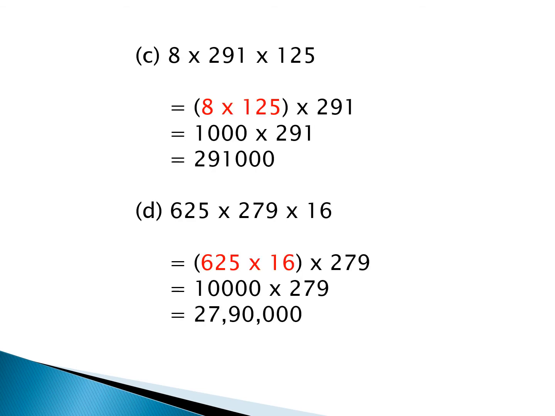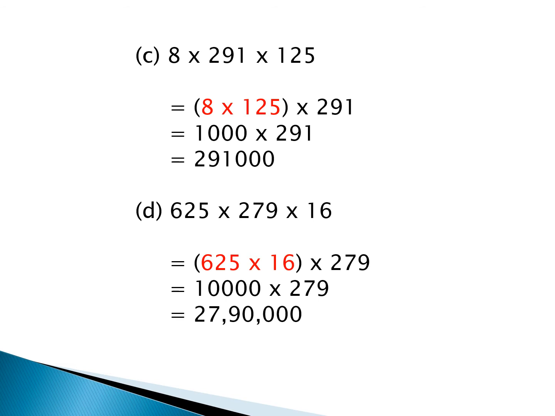Dear students, now your C part is 8 multiply 291 multiply 125. So like we have done earlier also, our aim is to get the number which has 0 at one's place. So you will multiply those two numbers first. So in this question, if you multiply 8 by 125, you will get 1000. That means you have got 0 at one's place.